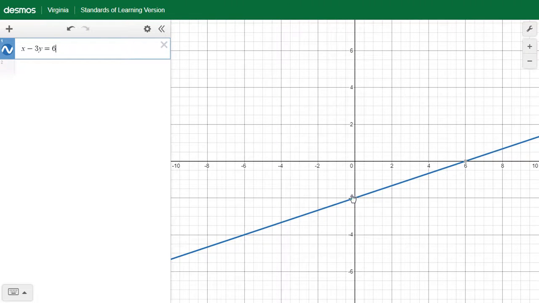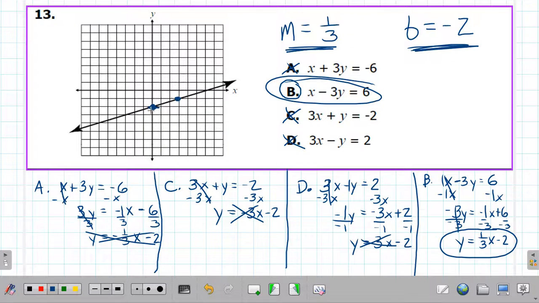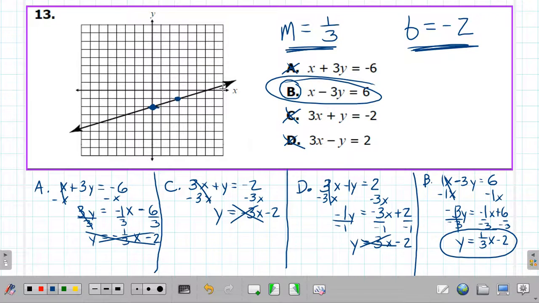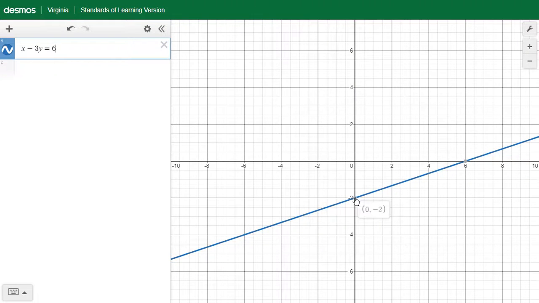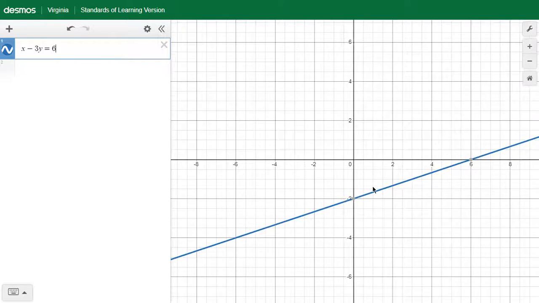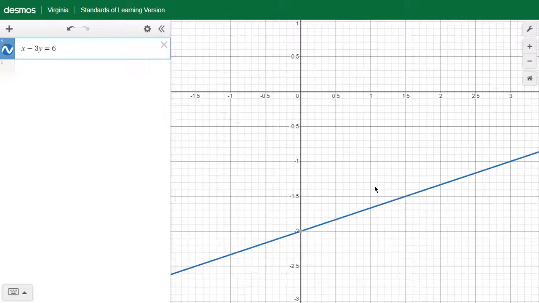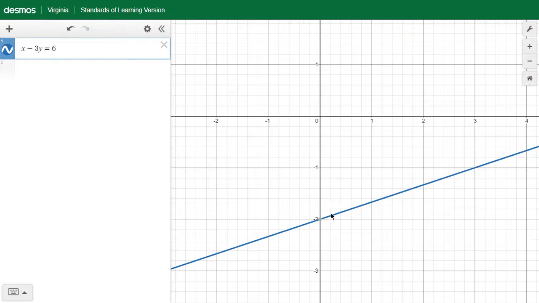Well, and that's why that's the answer, because it looks very similar there. If you look at it, y-intercept is -2. It has a positive slope. And if you calculated the slope here, you see that you go up, so you need to zoom in or zoom out to make it by ones here. So this will do right here. So you go up 1, and you have to go over 1, 2, 3, so that's positive 1/3.